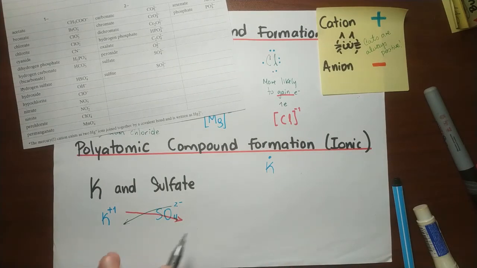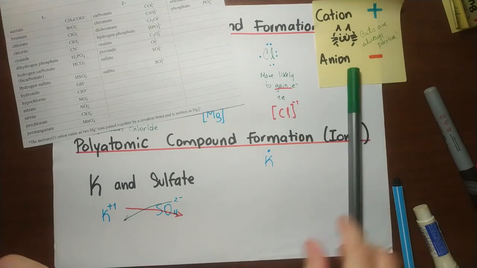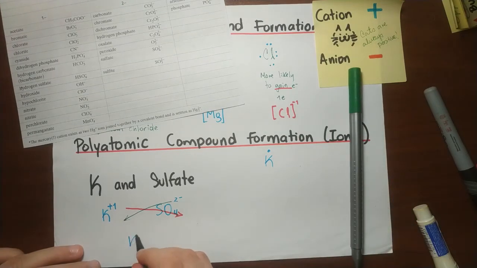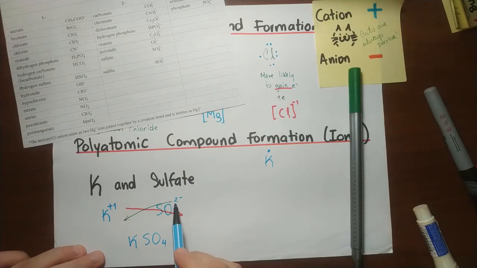Okay, so we're going to crisscross all those charges, and first of all we're going to join them as K SO4, potassium and sulfate. Now this 2 that is from sulfate is going to be here in potassium, after potassium and before sulfate.